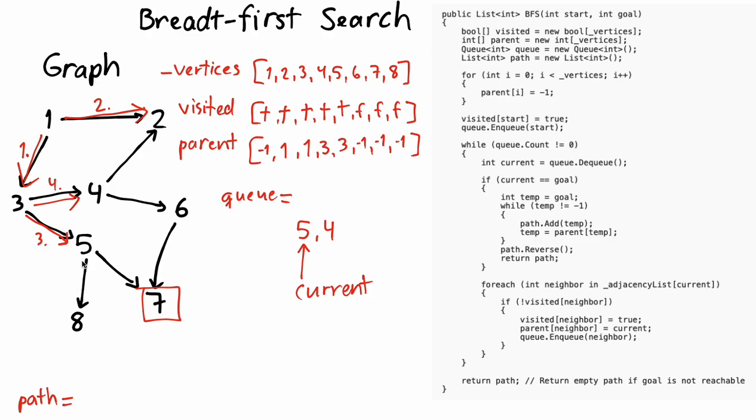And first we are going to look at this connection, and number 8 is not yet visited. So we set here that we have visited it to true, and the parent is node 5.